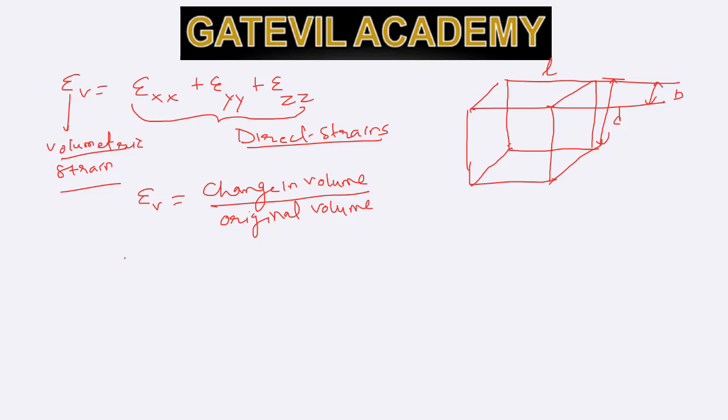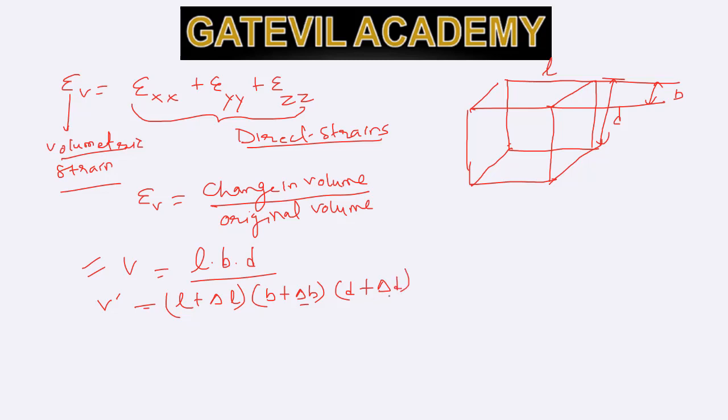So V, the original volume, will be equal to length multiplied by breadth multiplied by depth, which is LBD. If V dash is the changed volume, it will be equal to L plus delta L, where delta L is the change in length, multiplied by B plus delta B, where delta B is the change in breadth, multiplied by D plus delta D, where delta D is the change in depth.